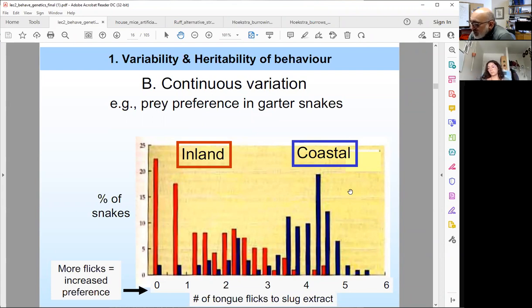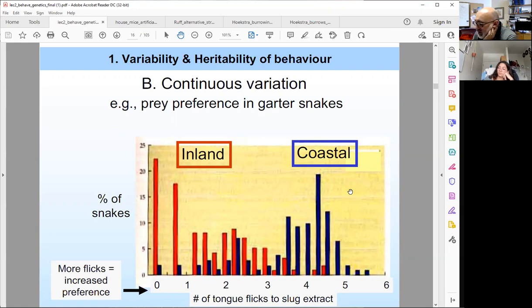So this is clearly an average number of tongue flicks. The flicking of the tongue reflects the preference of the snake. So the more the snake flicks its tongue, the more the increased preference they have for that particular prey item.